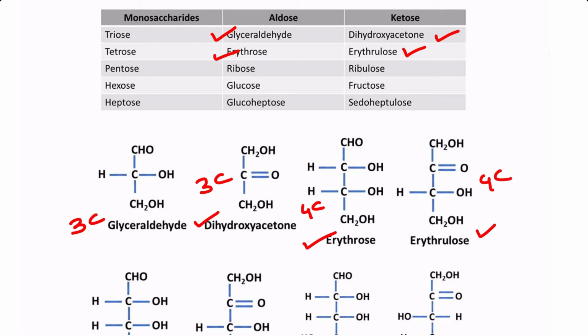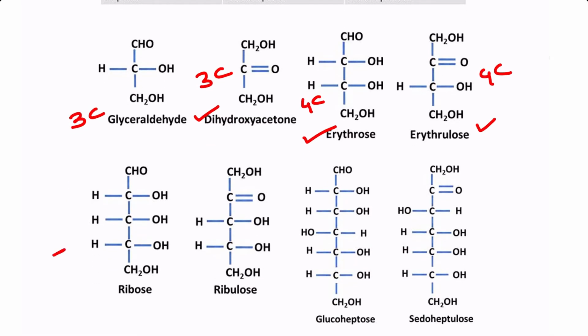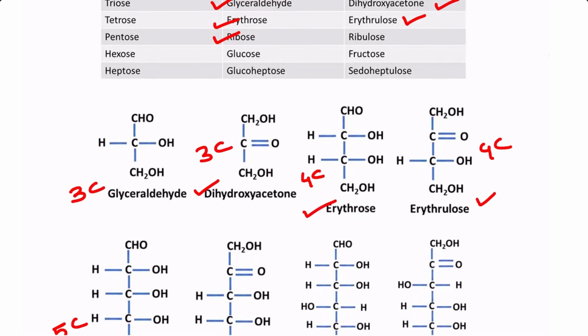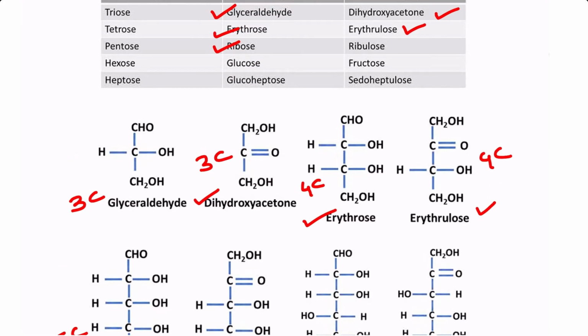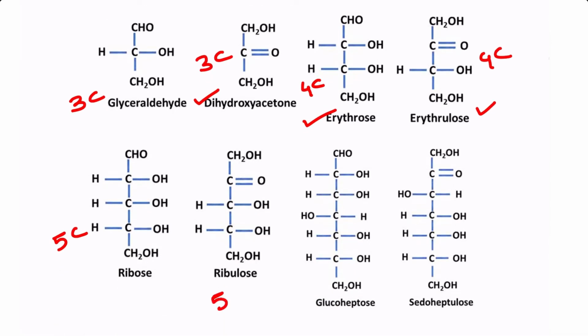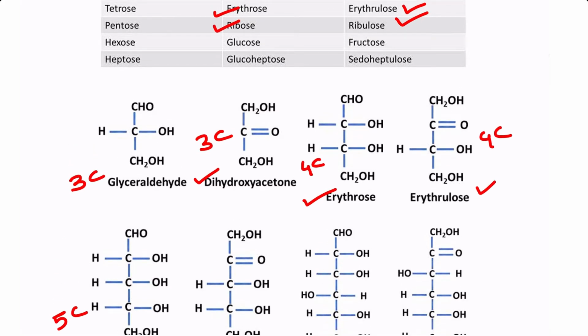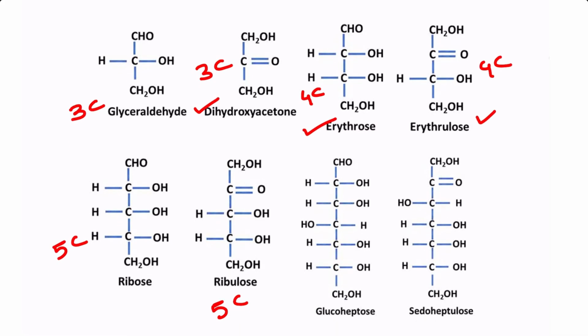Pentose aldose is ribose, that is 5 carbon compound. Pentose ketose is ribulose, so this is 5 carbon compound. Hexose aldose is glucose, that is 6 carbon compound.